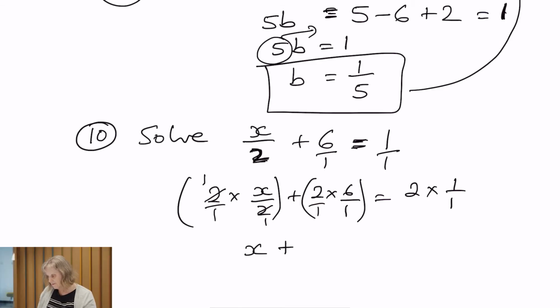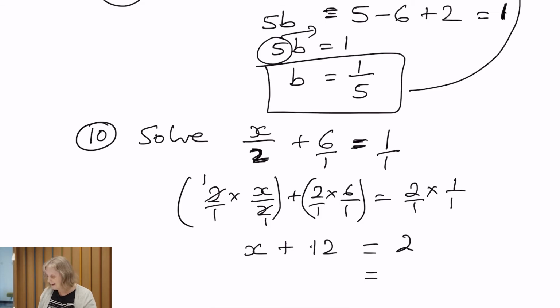We can't simplify diagonally, so we can just multiply through the fractions. 2 times 6 is 12, over 1 times 1 is 1, so 12 over 1 is just going to give us a number of 12 here. And likewise, on the right-hand side, we can't do anything diagonally, so we can just multiply across. 2 times 1 is 2 over 1, so we get 2 here.